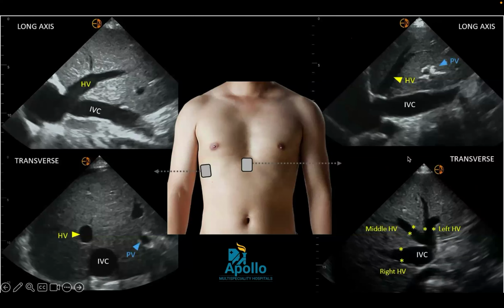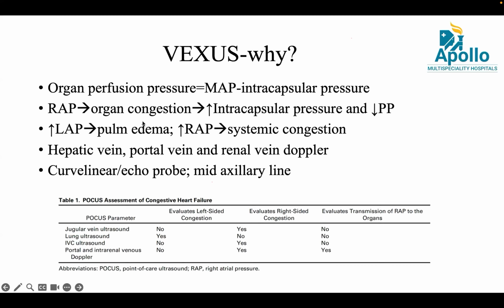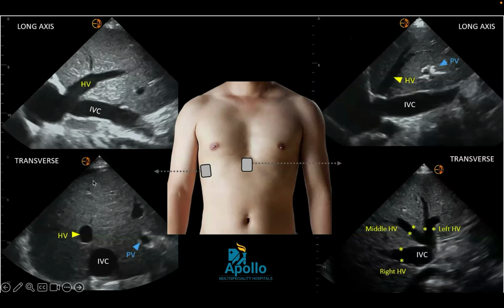If you have left-sided venous congestion, or an increase in left-sided pressures, what you get is pulmonary edema. But if your right atrial or right ventricular pressures are elevated, you get systemic venous congestion. The major veins that we want to see are the IVC, the hepatic veins, which are tributaries of the IVC, the portal veins, and the renal veins.